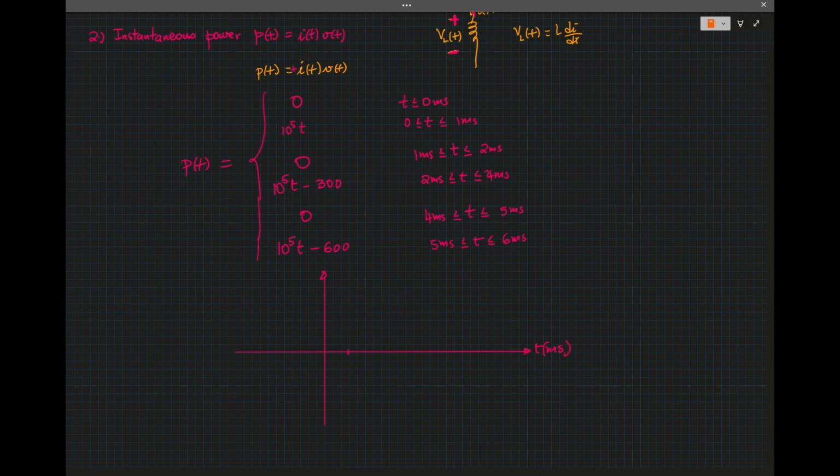So I have 1, 2, 3, 4, 5, 6. At t equal to 1 millisecond, it's 10 to the 5 t, a straight line.